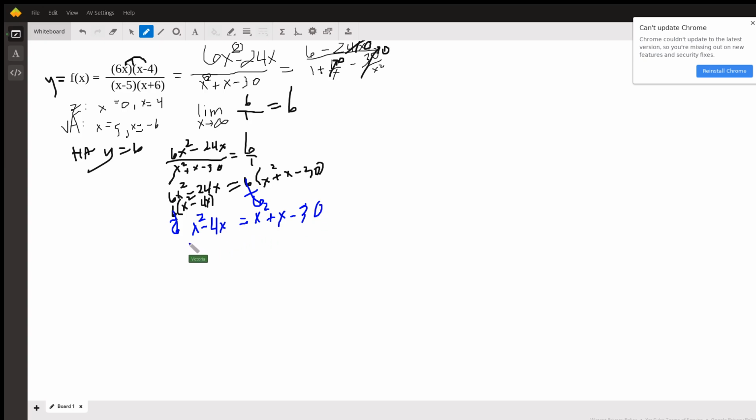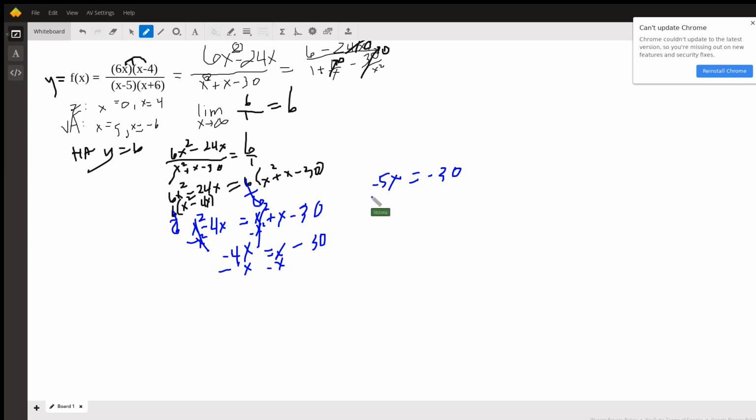Well, if I subtract x squared from both sides, it goes away. So I have minus 4x equals x minus 30. If I subtract x from both sides, I end up over here with minus 5x equals minus 30.